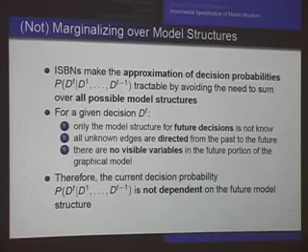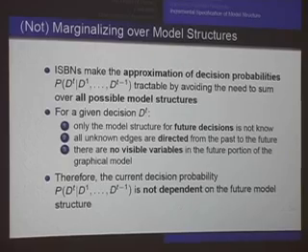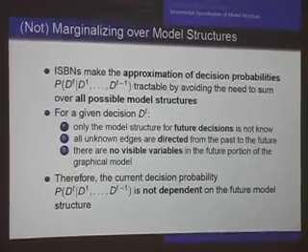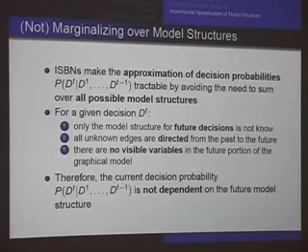Question? I'm not clear how this is different from these models where you're just conditioning on a longer history. Well, there's no bounded window that you can use. It can be arbitrarily large.